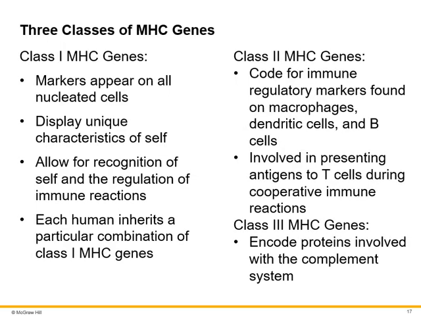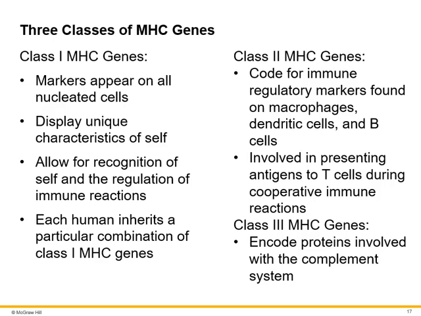So there are 3 classes of MHC genes, which are major histocompatibility markers. The genes for class 1 are going to produce the markers that appear on all nucleated cells.